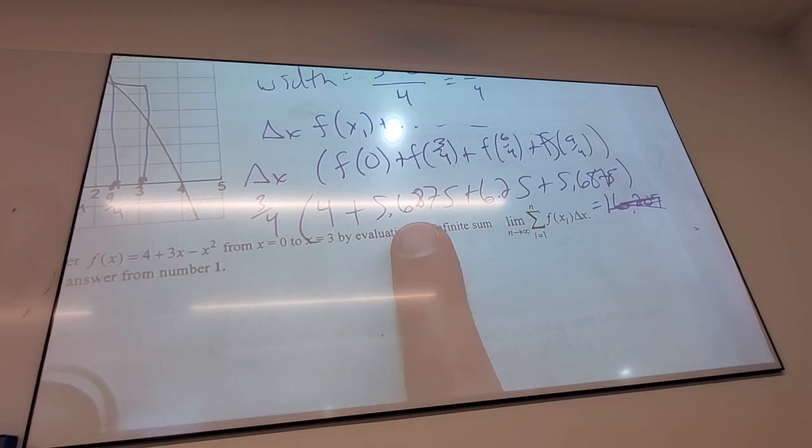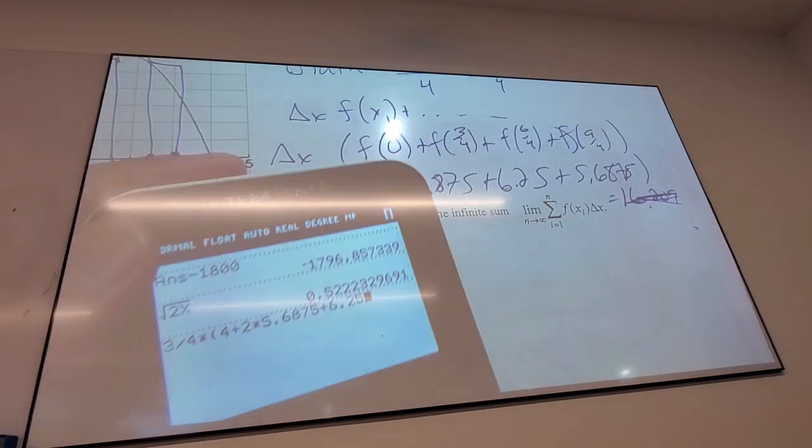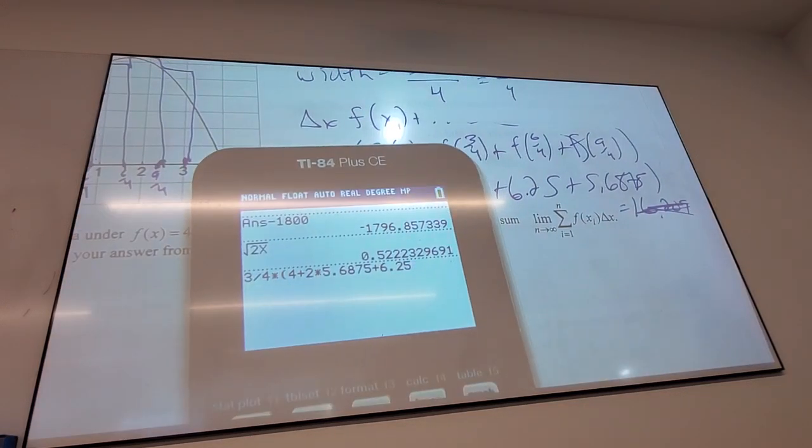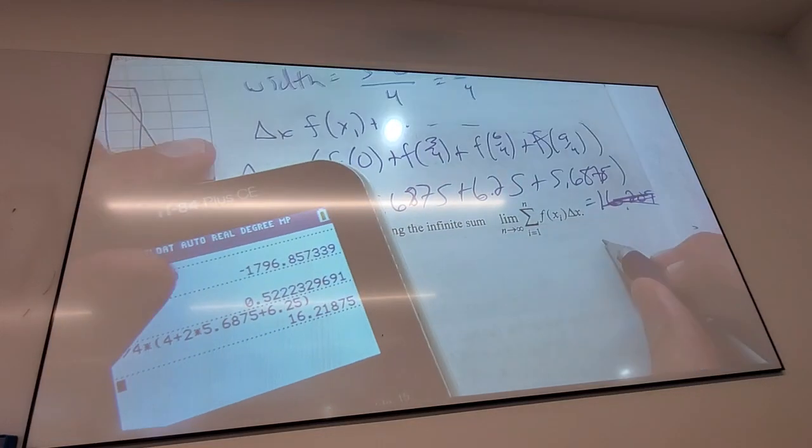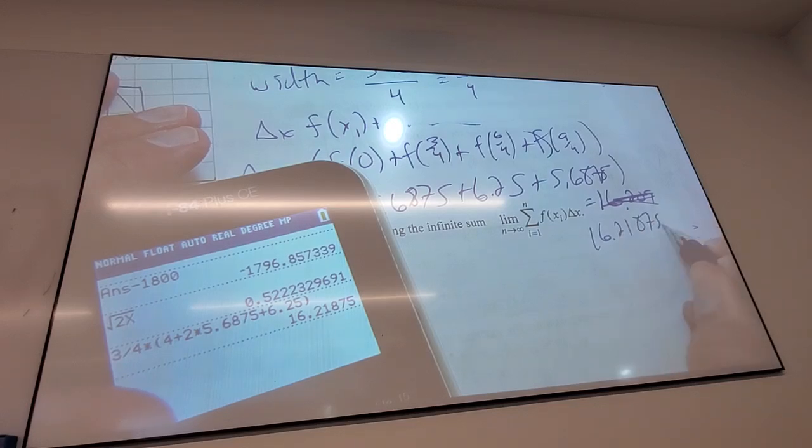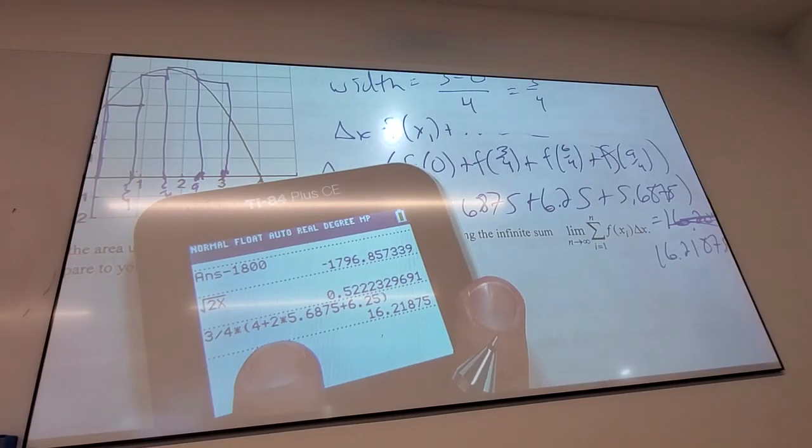Real quick, how many 5.6875s do I have? Okay, so I'm just saving some time. 16.21875. Okay. You don't have to do 2. Everybody, you guys with me?